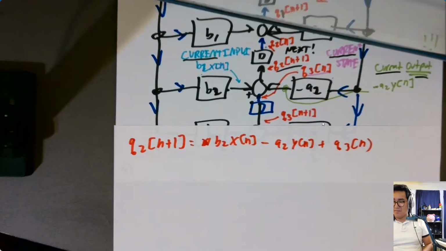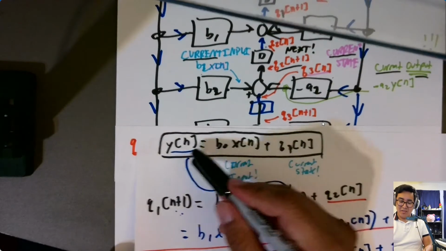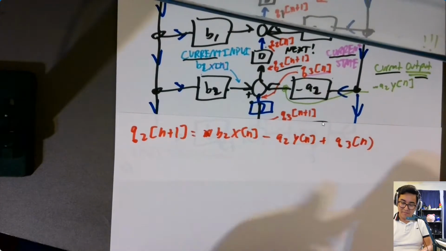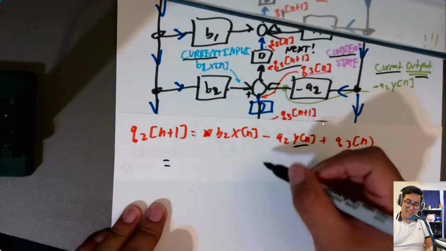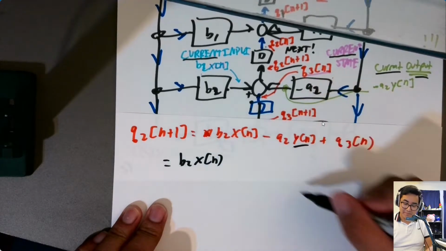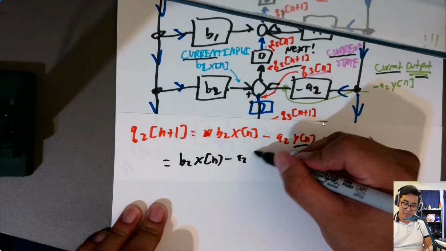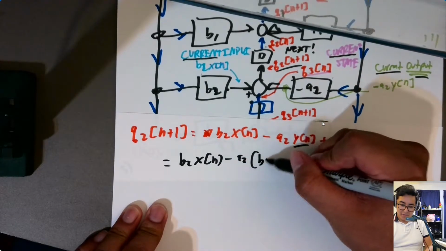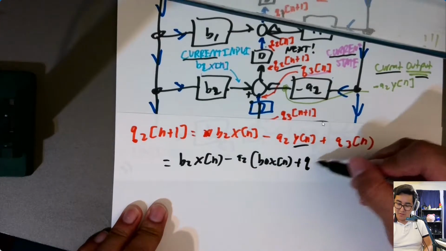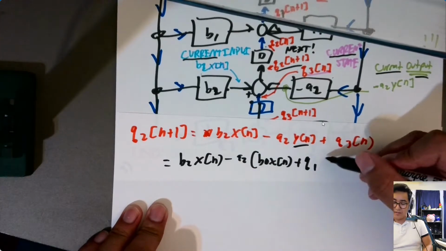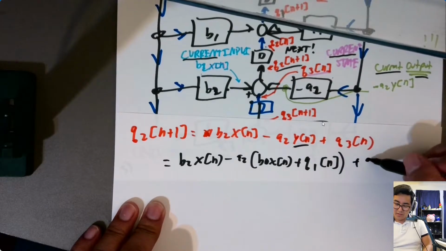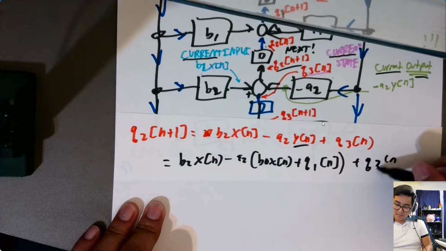And then you start seeing a pattern where we start placing this output in here. So rewriting it again, b of 2 of x of n minus a of 2 b of 0 x of n plus q of 1 of n plus q of 3 of n.